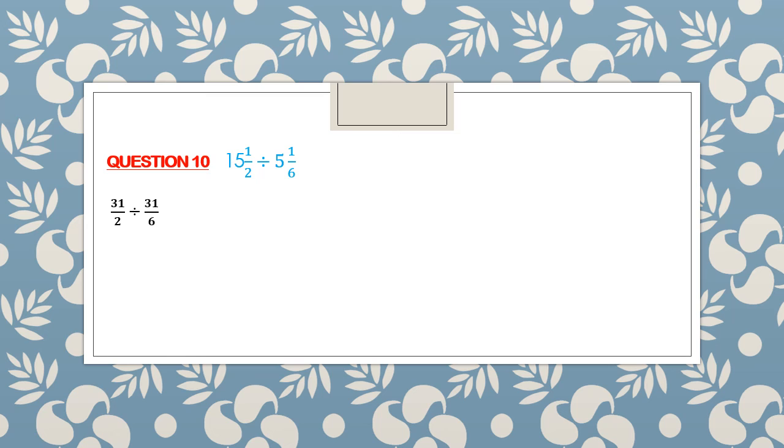Now we'll take the reciprocal of 31 upon 6, that is 6 upon 31. This division sign will get converted to multiplication sign, and instead of 31 upon 6, we will be writing 6 upon 31. So 31 upon 2 multiply by 6 upon 31. On solving this term, we'll get the answer as 3.